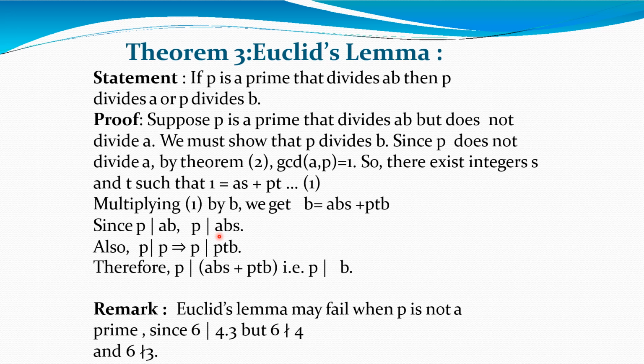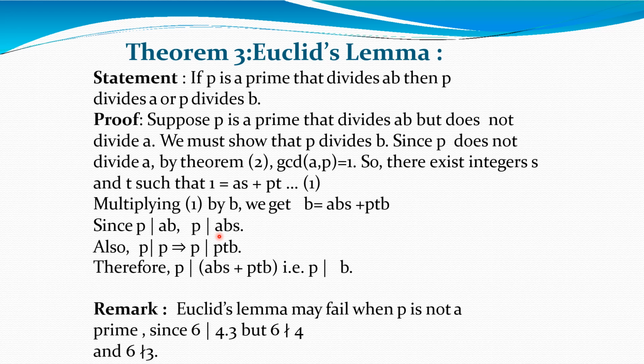That is, if p is a prime integer dividing a into b, then p divides a or p divides b. Now see the remark. Euclid's lemma may fail when p is not a prime integer. That means if you consider just p as an integer which is not prime, dividing a into b, then not necessarily p divides a or p divides b.